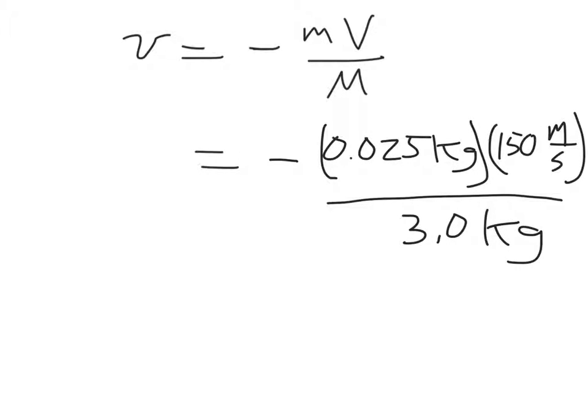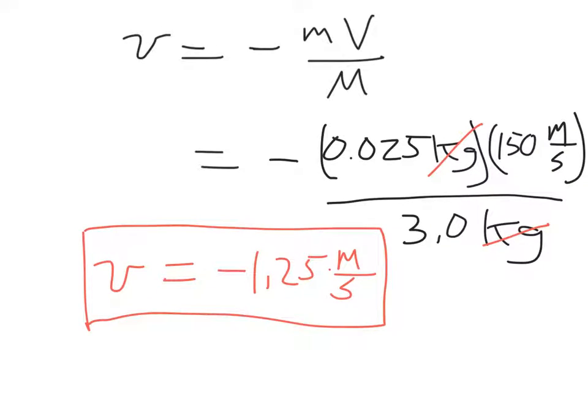Now if we look at this, we have kilograms divided by kilograms, so those will cancel. And I'm left with the units of meters per second, which is the right unit for a velocity, so that works out well. And then we can plug these numbers into our calculator, and we find that the velocity of the gun is negative 1.25 meters per second.